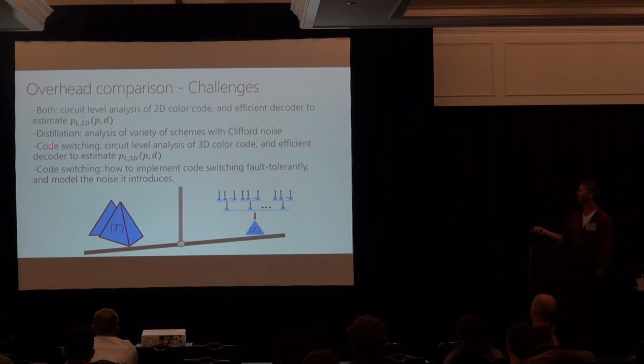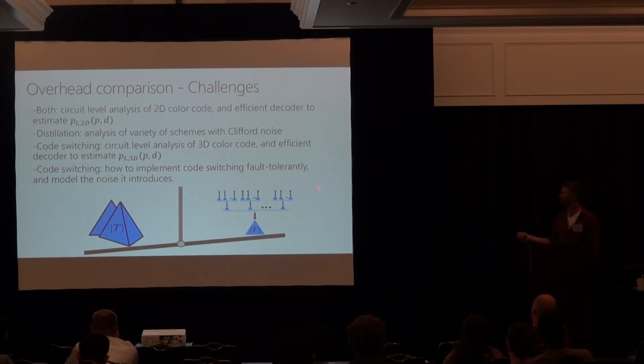So circuit level analysis of the 3D color code. Alex just mentioned in the previous talk that they're currently working on getting a decoder which can handle noisy measurements in the 3D case, and that would be really great. But unfortunately, that is not currently known exactly how to do. So that's very tricky.